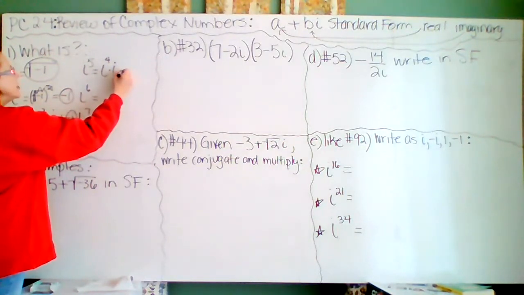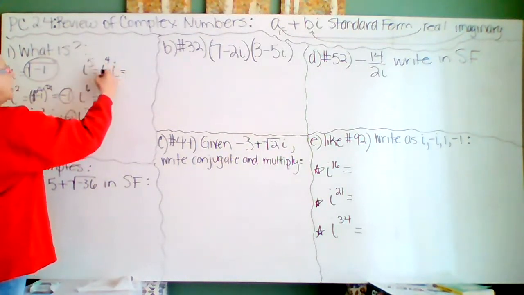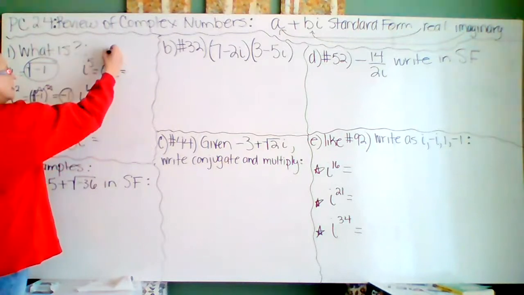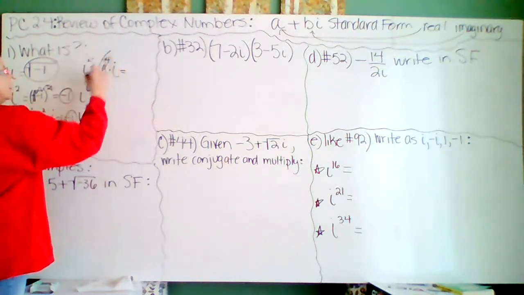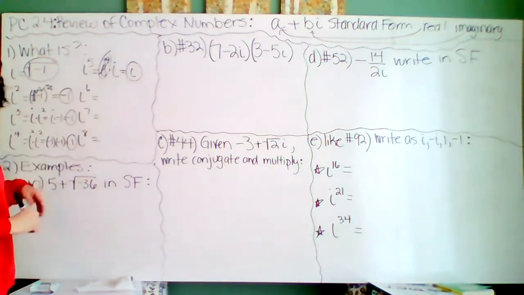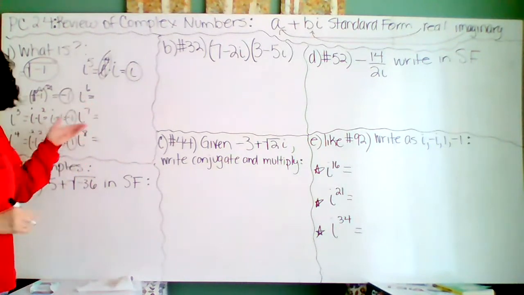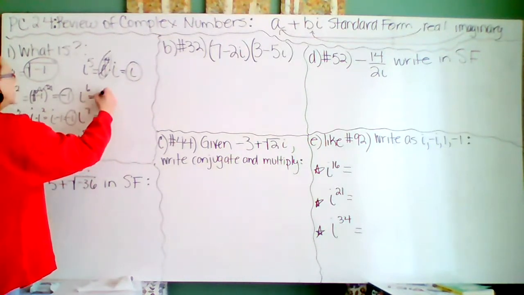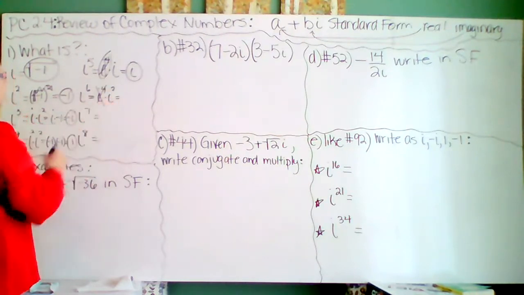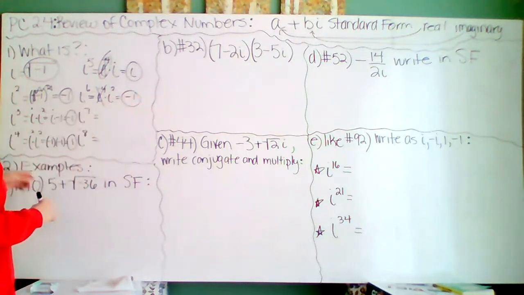So notice this is i to the 4th times i is i to the 5th. i to the 4th is 1, and 1 times i is i. i to the 6th. Let's stick with i to the 4th because there's an i to the 4th in there, and it's just 1. Let's call that i to the 4th times i squared. That is a 1 times i squared, and i squared we said is a -1.